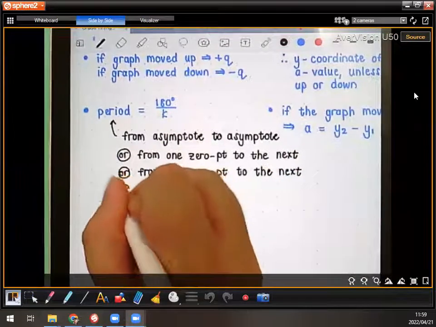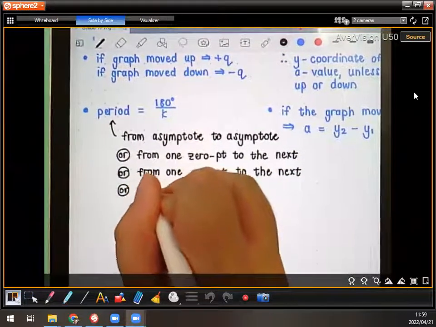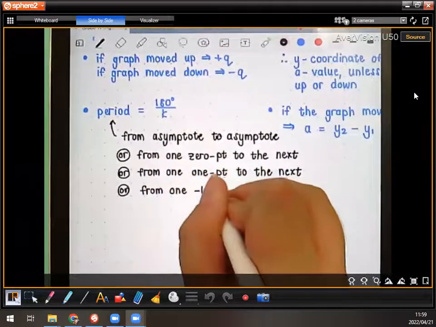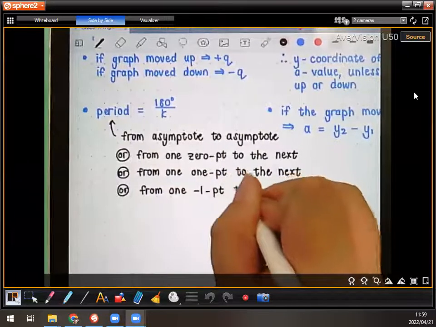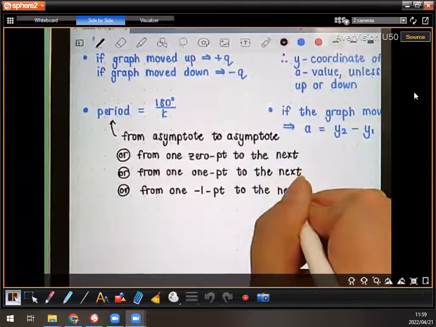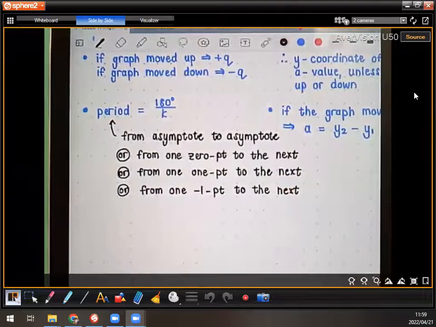Or from -1 to the next -1. Those are all the different ways in which you could find the period of your graph.